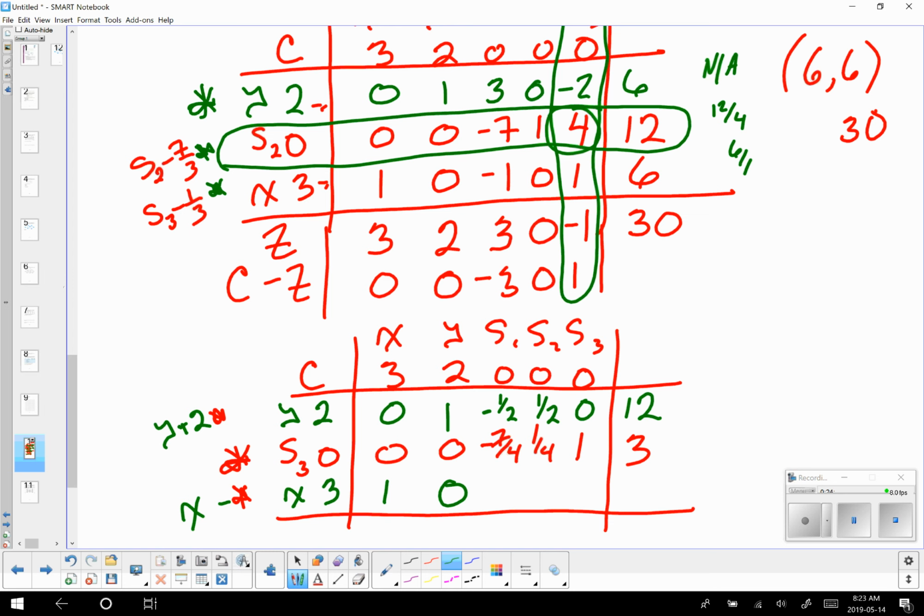Minus 1 minus a minus 7 quarters is 3 quarters. 0 minus 0 minus a quarter, and 1 minus 1, and 6 minus 3.